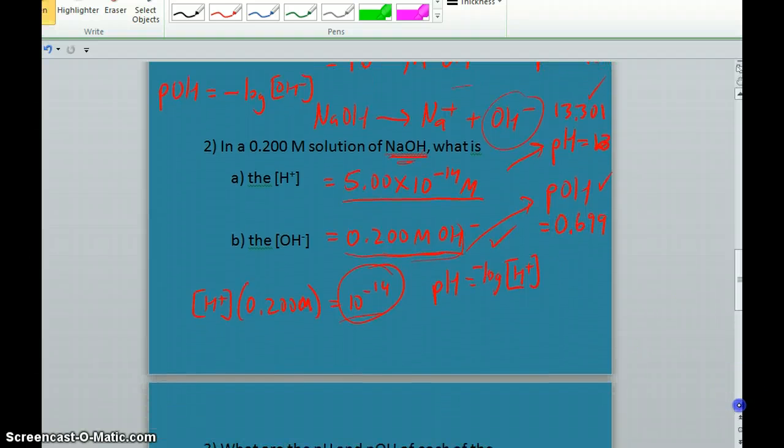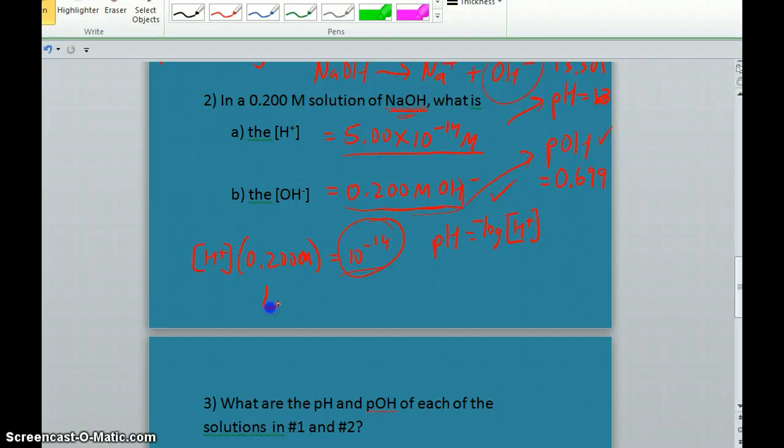And that should make sense because, after all, if proton concentration times hydroxide concentration always equals 10 to the negative 14th, well, in mathematics we learned that if you perform the same operation on both sides of an equation, it remains an equation. So let's take the negative log of this side and the negative log of that side.